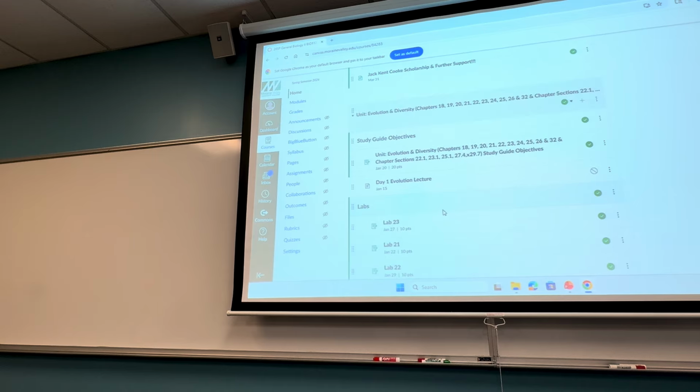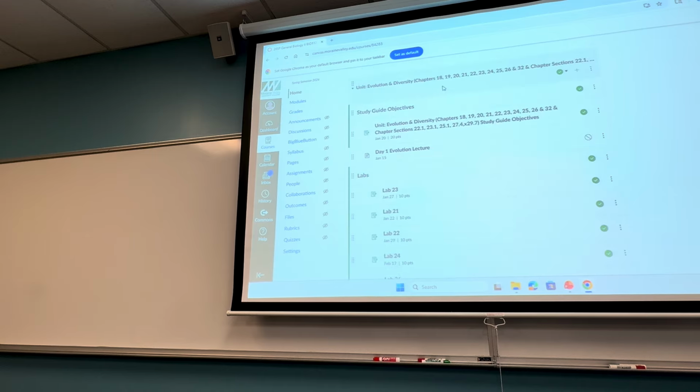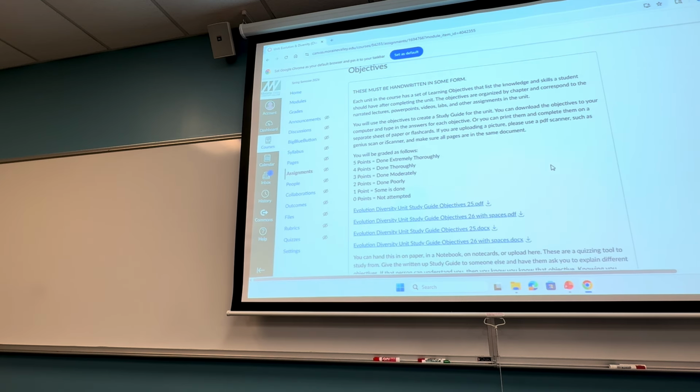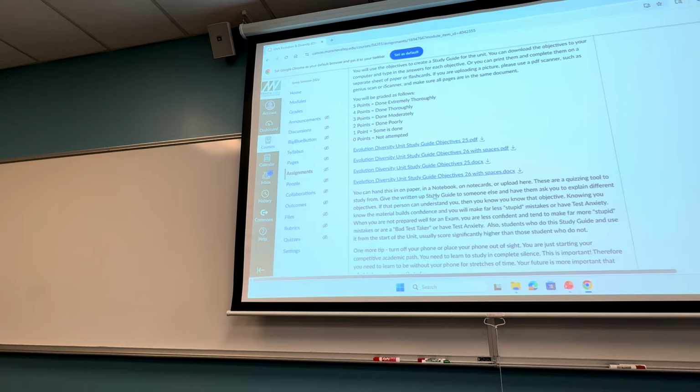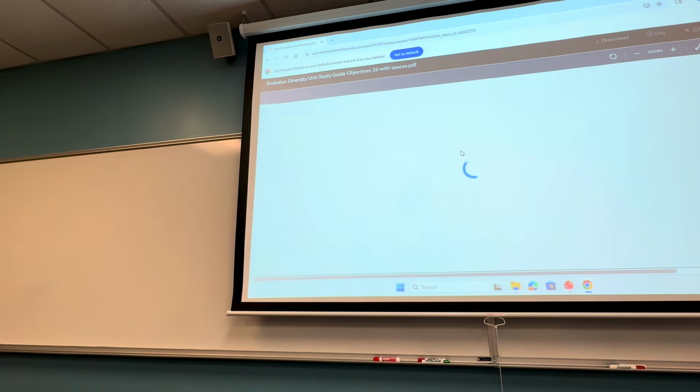So let's go down to our first unit, the evolution unit. Here, the course revolves around the study guide objectives. If we click that open, you've got a variety of different ways that you can see these study guide objectives. I am going to open the one with the spaces.